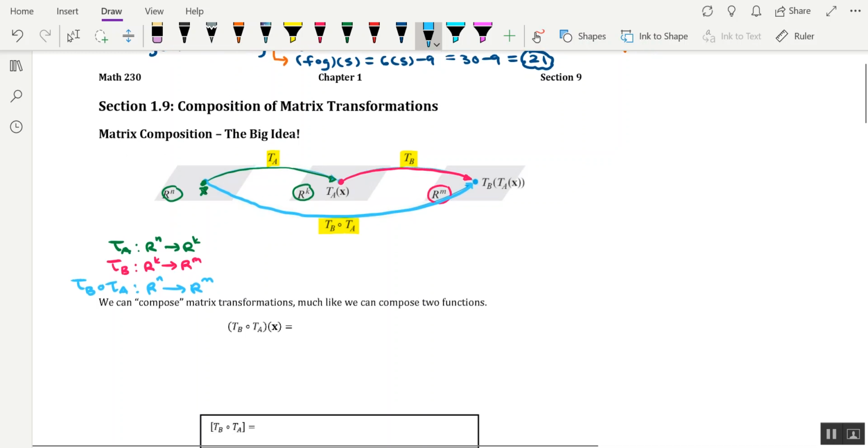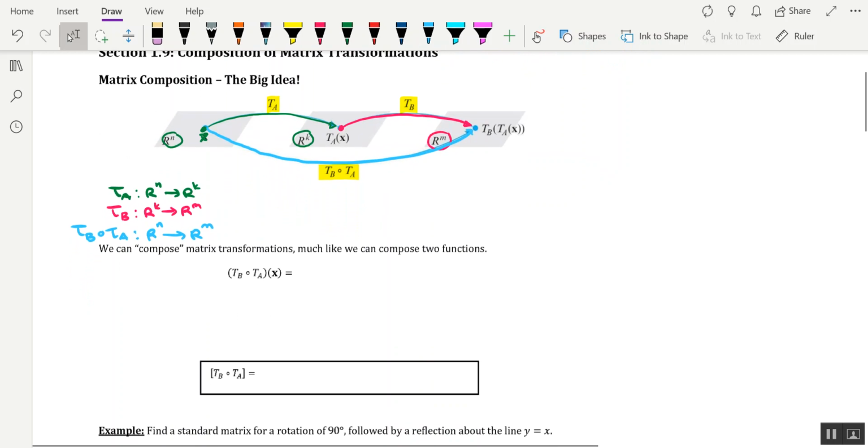I want to talk about the notations that you're likely to see with matrix composition. So it says here we can compose matrix transformations much like we can compose two functions. We saw this notation just a second ago, T sub B circle T sub A, which, by the way, notice the sort of backwards nature of it.